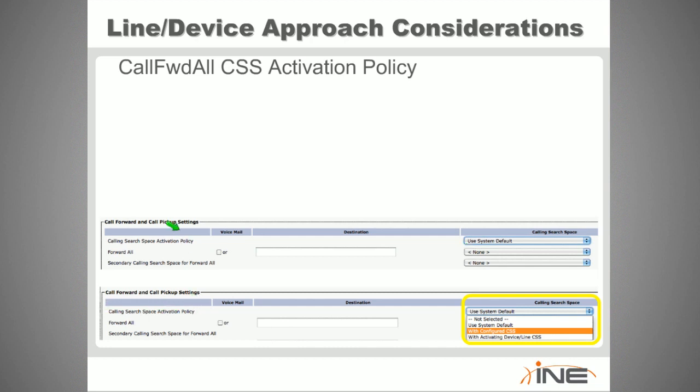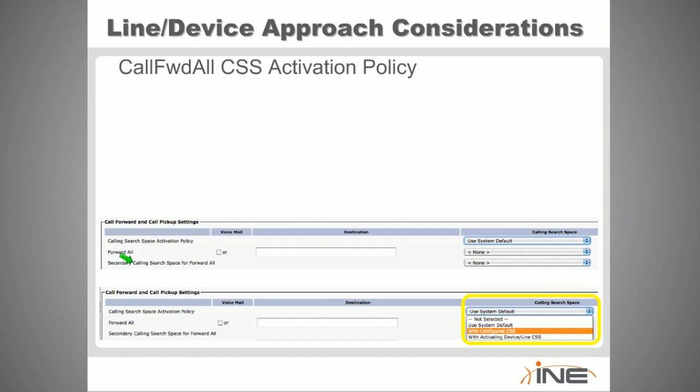On top of that, we actually have the calling search space activation policy. By the way, these are two of the same screenshot that you see here and then here. I only captured it twice so you could see the drop down from the calling search space activation policy, otherwise it covers those two forward all primary and secondary CSS.